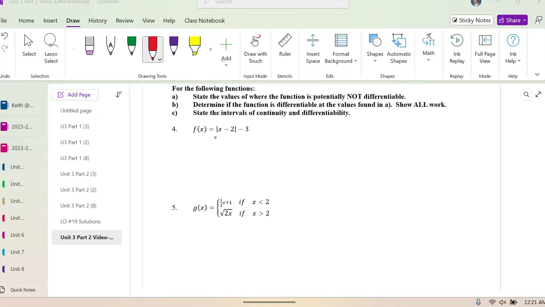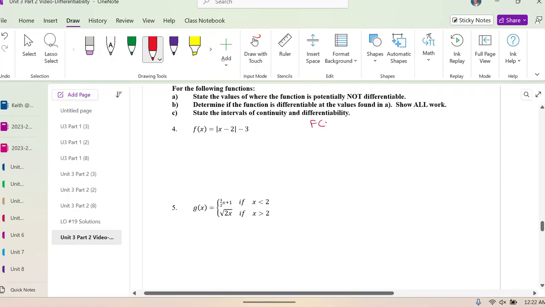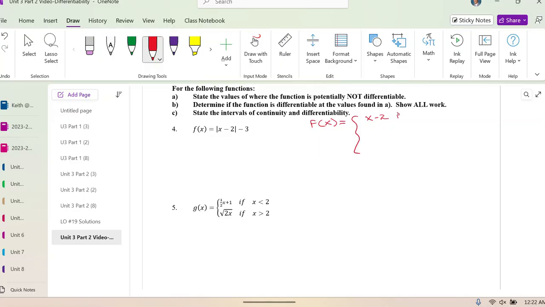And so when you're talking about potentially not differentiable, remember, think of absolute value as a piecewise function. So here, it's going to be x minus 2 if x minus 2 is greater than or equal to 0.